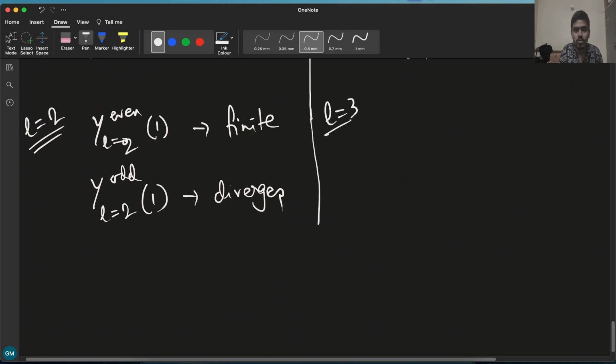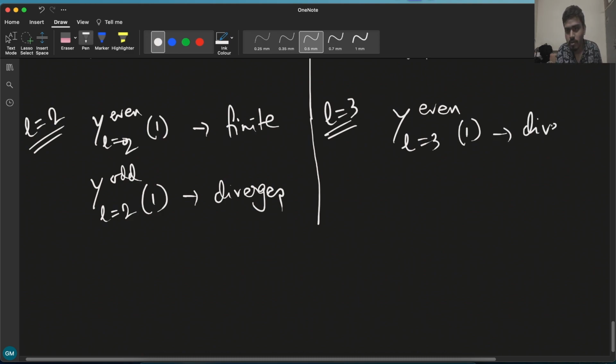Similarly, for L equals 3, the even series will diverge at x equals 1, and the odd series will get truncated and will be a polynomial and will give a finite value at x equals 1.